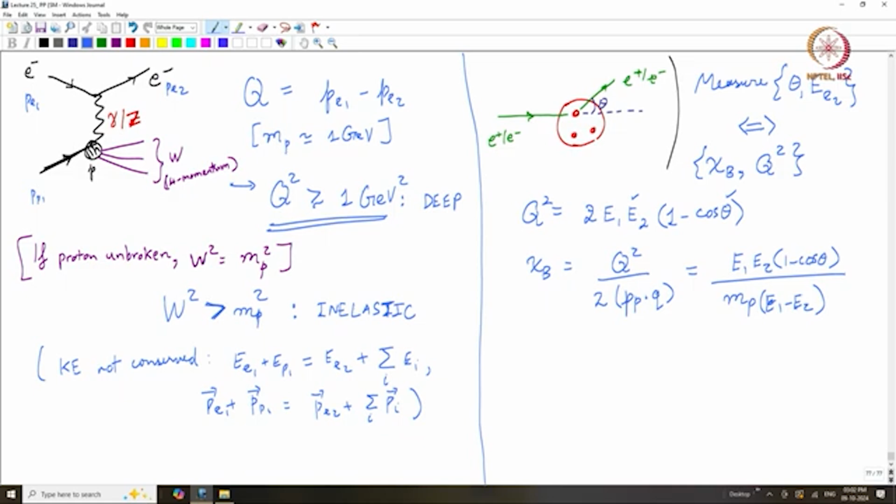If I go to the rest frame of the proton, this is what I get. So again this you measure, this you measure, this you measure, and you get this quantity.